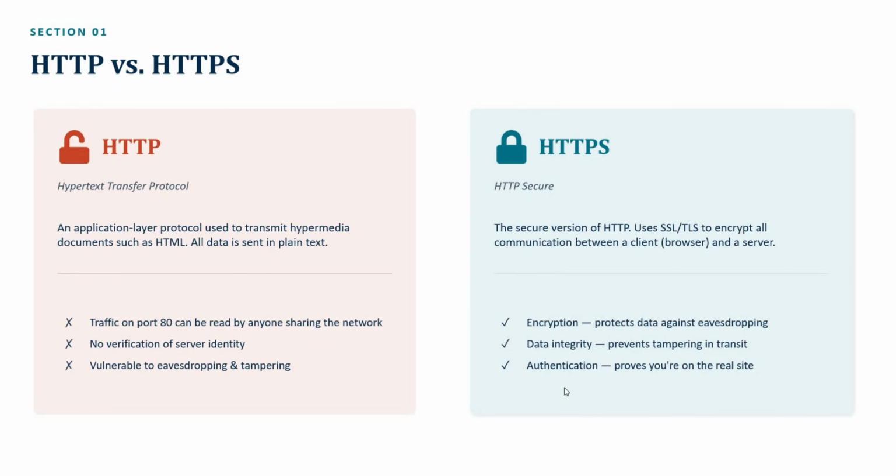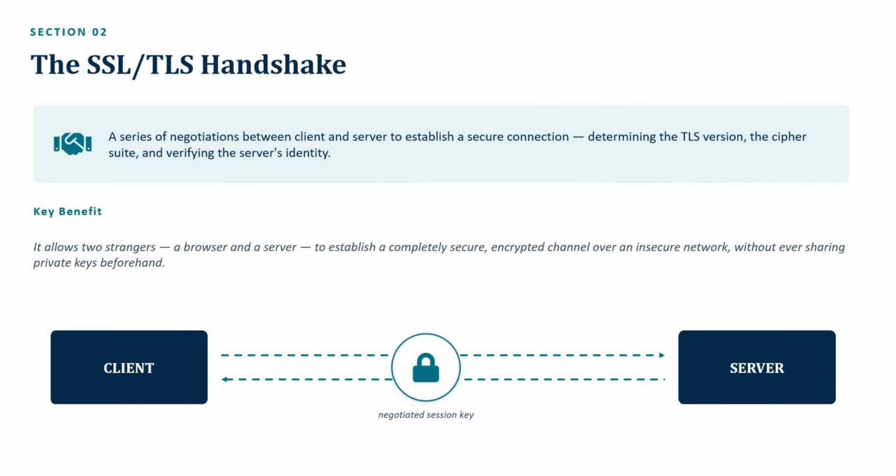So next, you can see the SSL and TLS handshake, right? How SSL and TLS are doing the handshake between client and server. A few seconds back, I explained how HTTPS is authenticating data between server and client. The client is a browser.